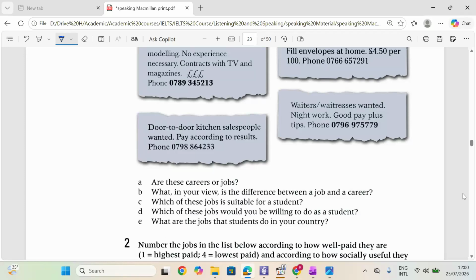Also, it can improve communication skills and help you get to know other people who can help you in your future, in your job, in your study. And students in my country work part-time in retail, customer service, cafes, restaurant staffing, or digital freelancing, which is popular now.